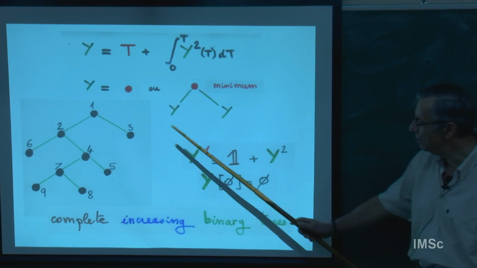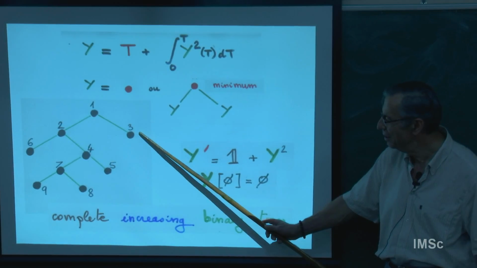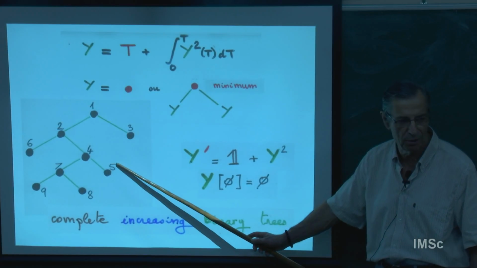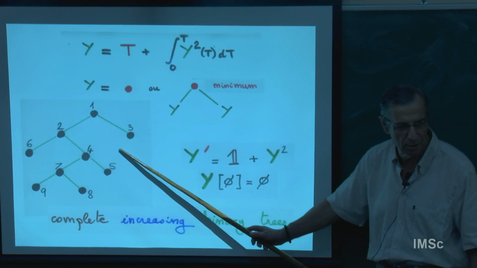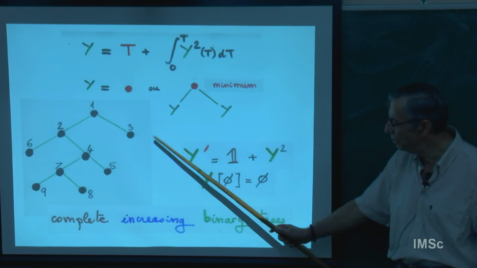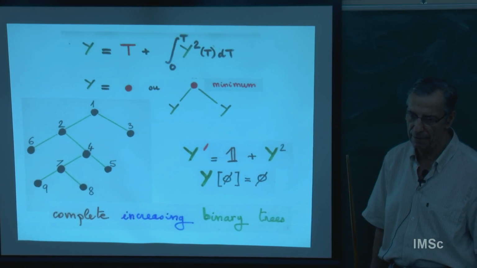This means that when I was working with permutations with a general tree, some vertices had only one child on the right, no child on the left. This means I was allowed y to be empty. But here I don't allow any vertex to have an empty child.